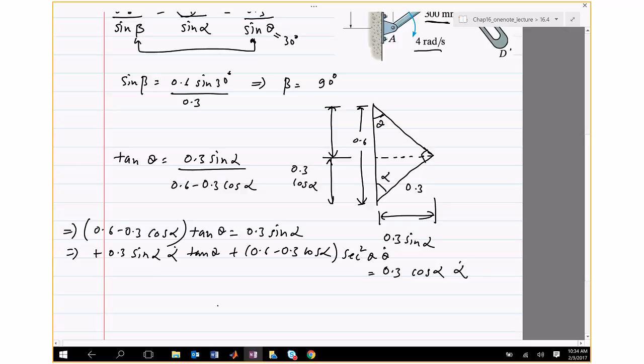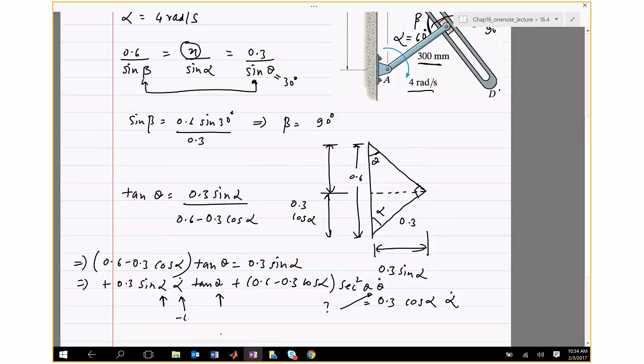So in this equation now, alpha is known, it's 90, theta is known, it's 30, theta dot is unknown, but alpha dot is known. It is given to be -4.